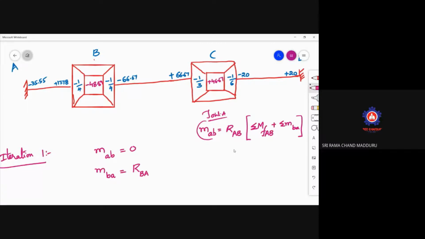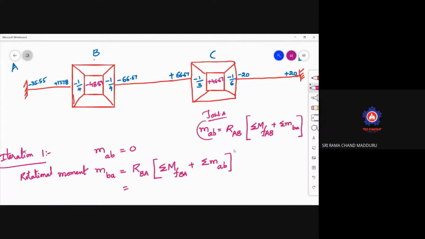Now similarly we will write down for BA. MBA, the rotational moment BA, is equal to RBA into sigma MFBA plus sigma MAB.